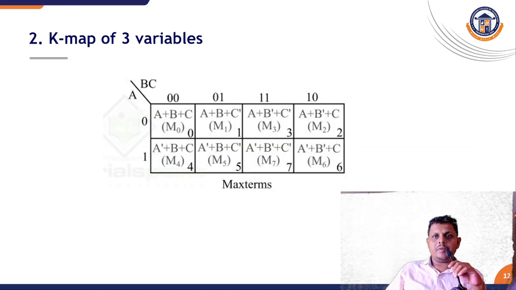Then this is the Kmap of 3 variables. Here also it is similar, A, B, C, 3 variables can be applied, and here there are 8 boxes. So binary values 0 to 7 can be plotted in the Kmap of 3 variables.